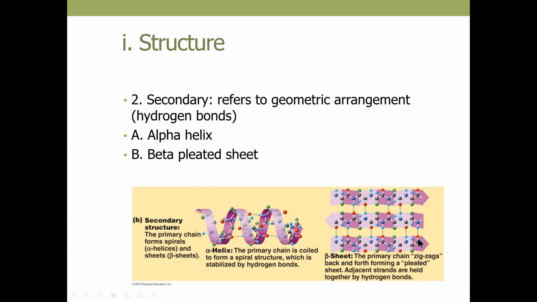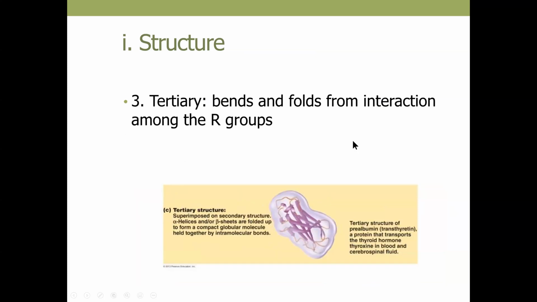The primary sequence of amino acids determines the secondary structure, based on which amino acid is there and its characteristics. So secondary structure is a geometric arrangement by way of hydrogen bonds, either an alpha helix or a beta pleated sheet. A beta pleated sheet is like a piece of paper that you ruffled up so it has 4 or 5 pleats in it.